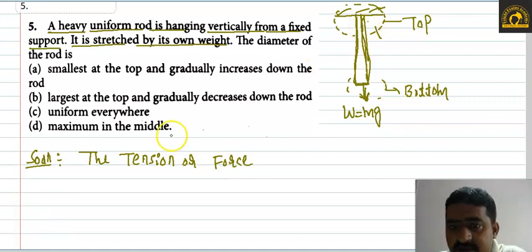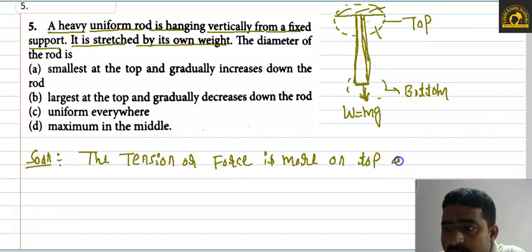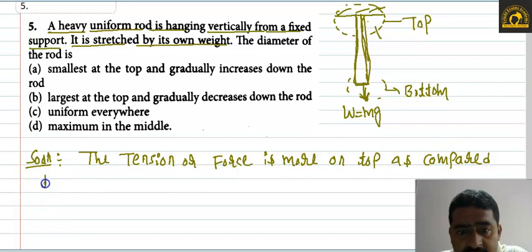The tension or force is more on the top as compared to the bottom of the rod.